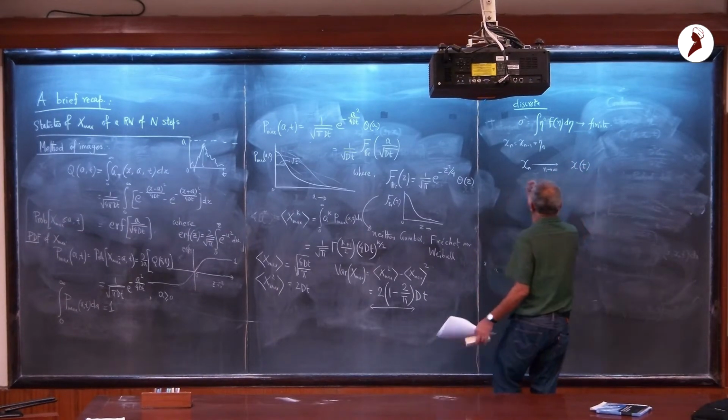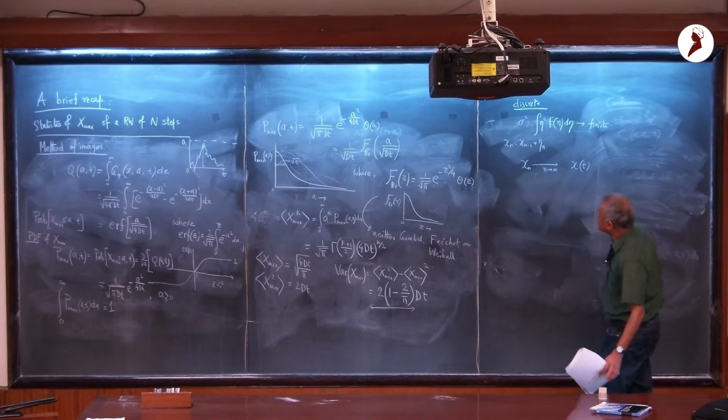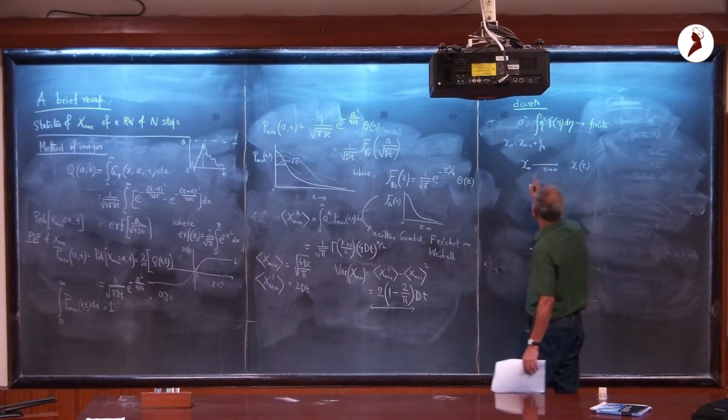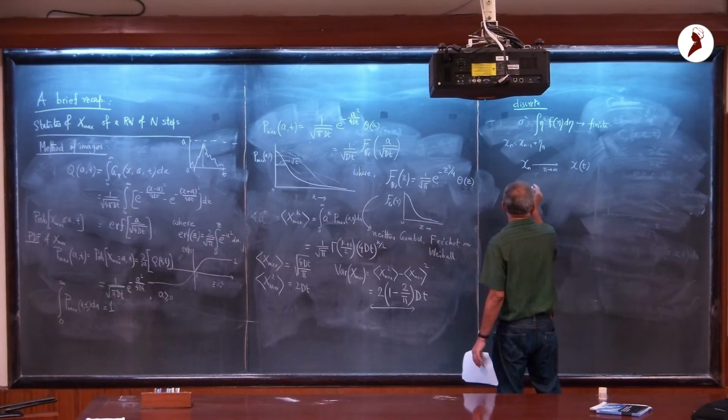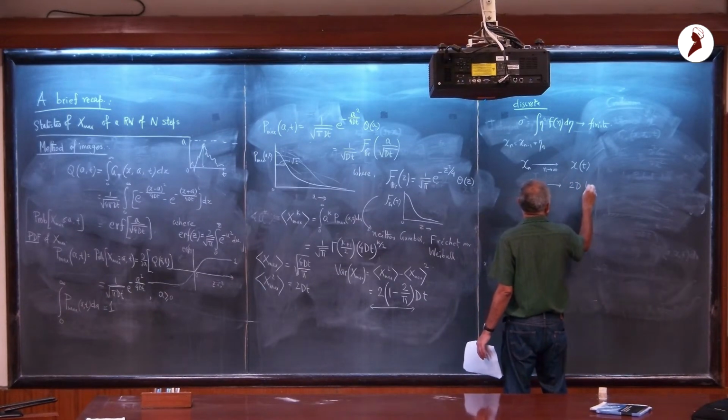This is the statement of the central limit theorem. And the connection between them is that sigma squared n goes to 2Dt.